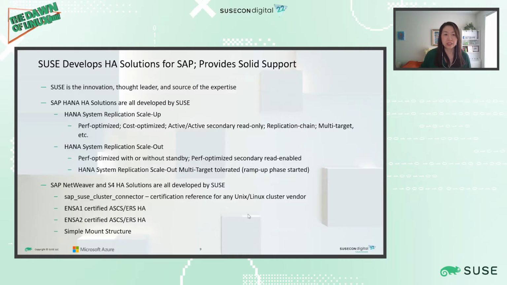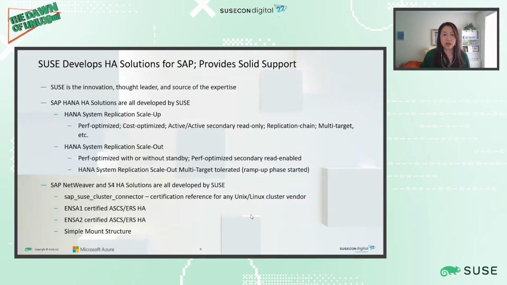As mentioned, for HANA system replication-based HA solutions for scale up, SUSE now supports performance optimized, cost optimized, active/active with secondary read-only enabled, and also replication chain and multi-target system replication.